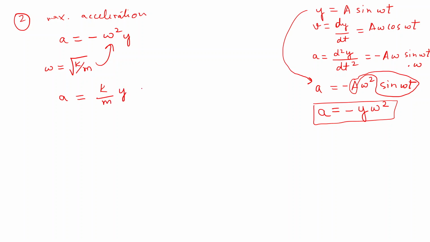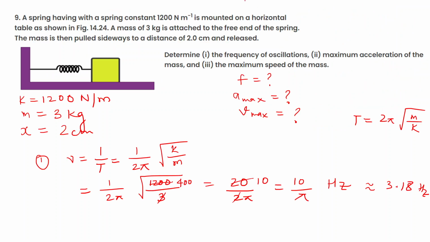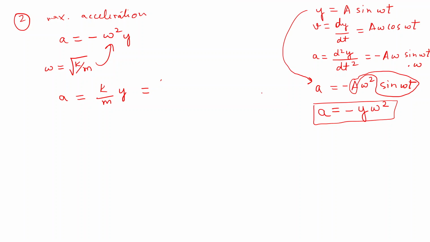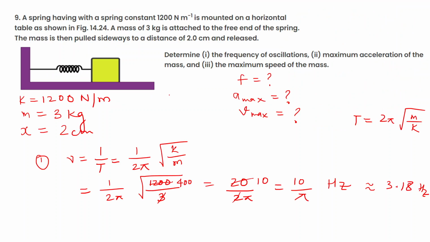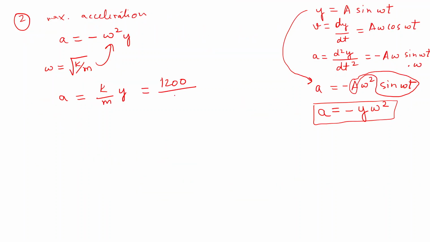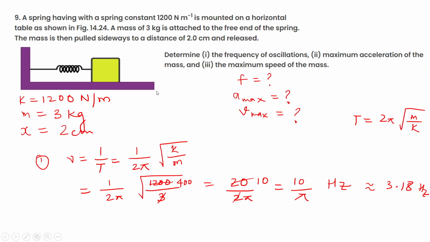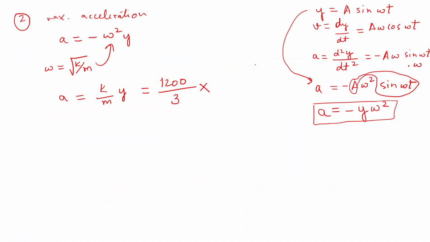From this we can find out, we have k is 1200, the restoring spring constant is 1200, the mass of the body is 3 kg, and the displacement is 2 centimeter, right? These details are already given. So 2 centimeter, first we'll change it to meters because everything else is in SI units.